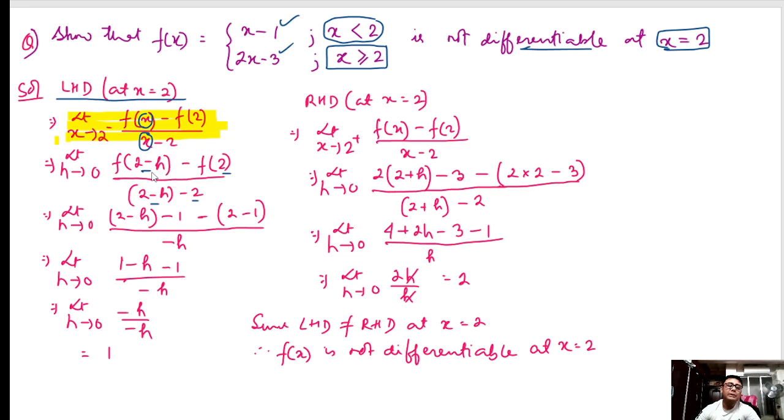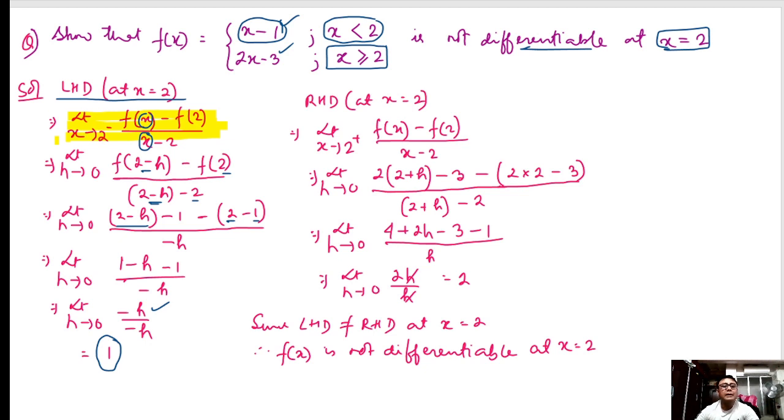Since I am testing less than 2, I will choose this function, and in place of x I will put 2 minus h. So here it is 2 minus h minus 1, and for f(2), in place of x I will put 2, so it is 2 minus 1. So this comes out to be this, and the answer is coming, the left hand derivative is 1.